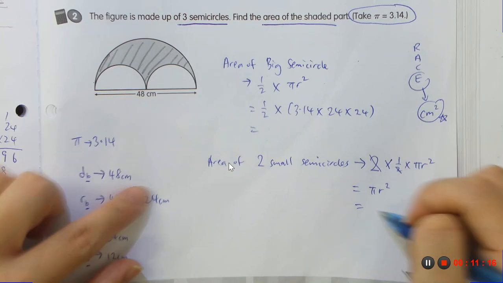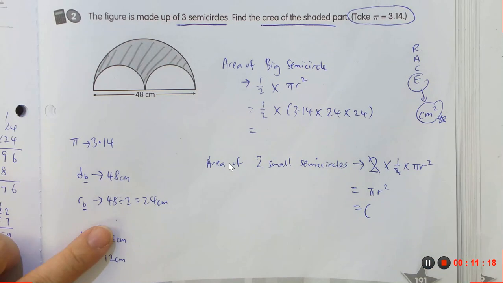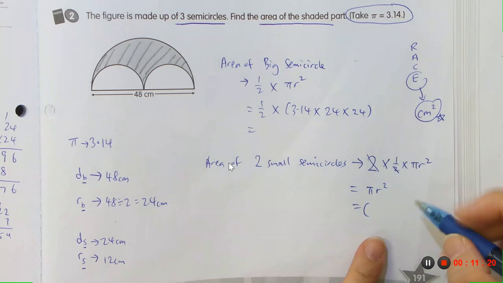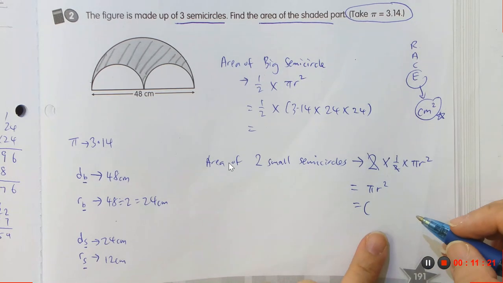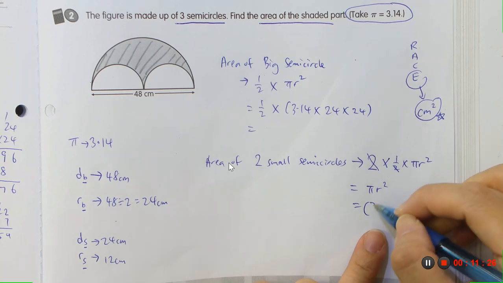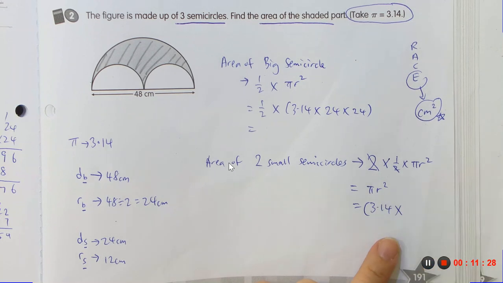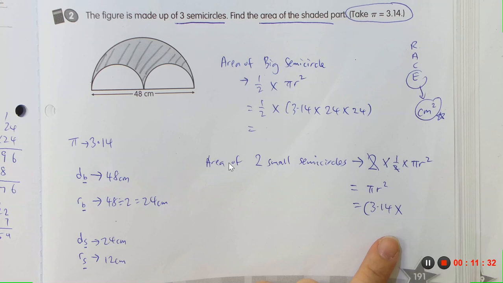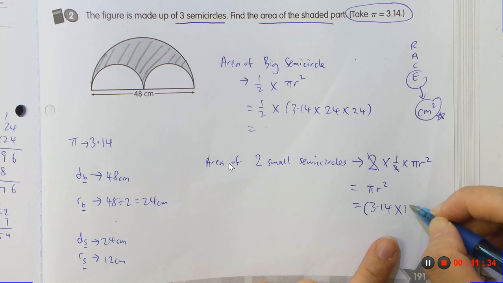But for this one, what shall be the measurement? Cheryl? Sorry? 3.14 times 12 times 12. Thank you.